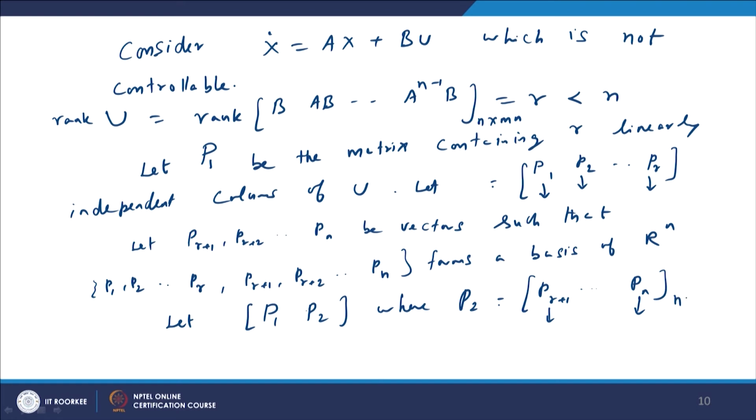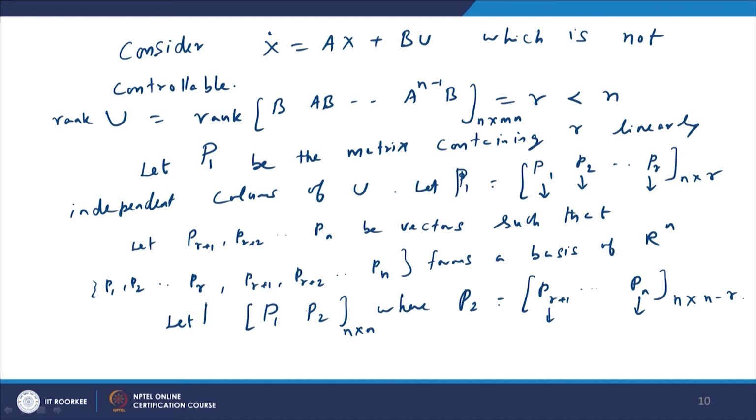P2 is an n cross n minus R matrix, and this P is a square n cross n matrix, and the capital P1 matrix is n cross R. So, we have the matrices P1 and P2 of these sizes.